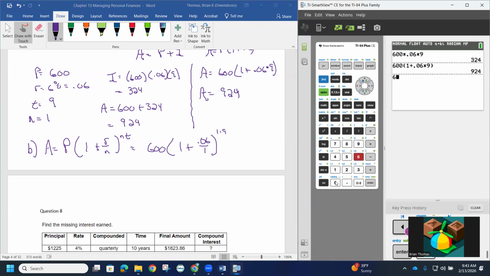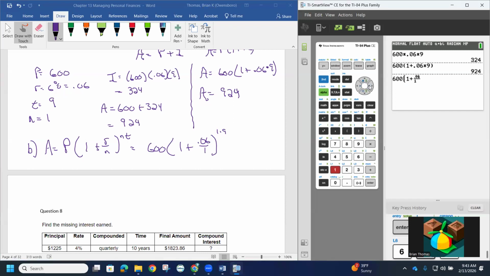So 600 times 1 plus, and notice how this is a fraction. There is this F1 key that helps me make a fraction. If I hit the alpha button, the green button, and then the Y equals button, a little menu pops up with N over D. I can put this 0.06 on the top, use my down arrow, and put a 1 on the bottom.